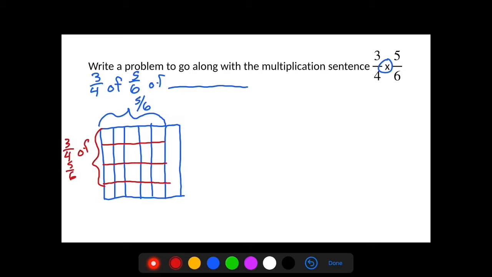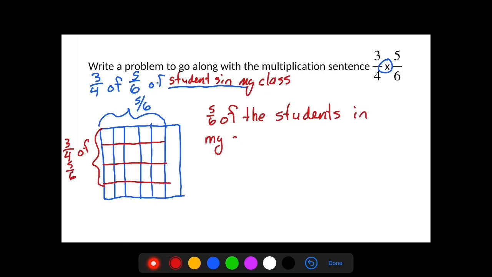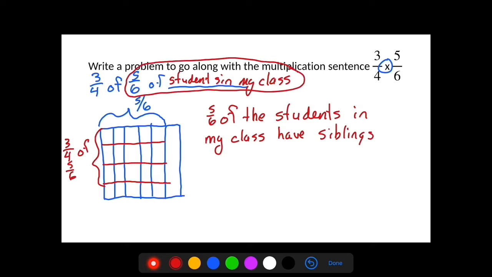So this grid kind of reminds me of what a seating chart might look like. So I'm going to make this about the students in my class. So this whole is going to be students in my class. So let's start with that. 5/6 of the students in my class, what can I say about them? Maybe 5/6 of the students in my class have siblings.